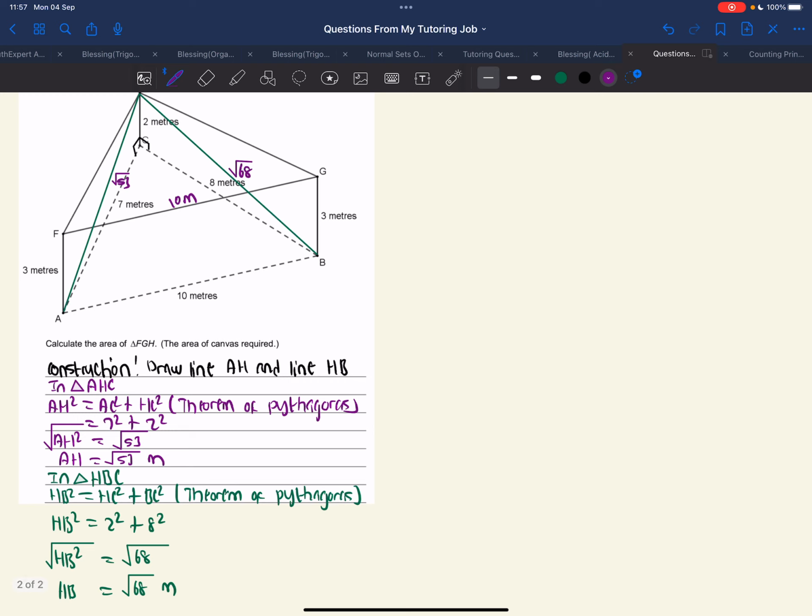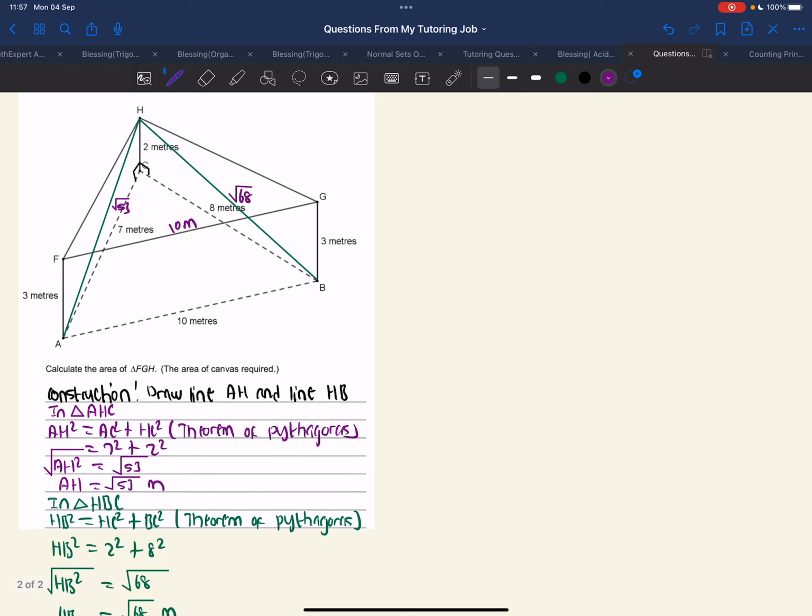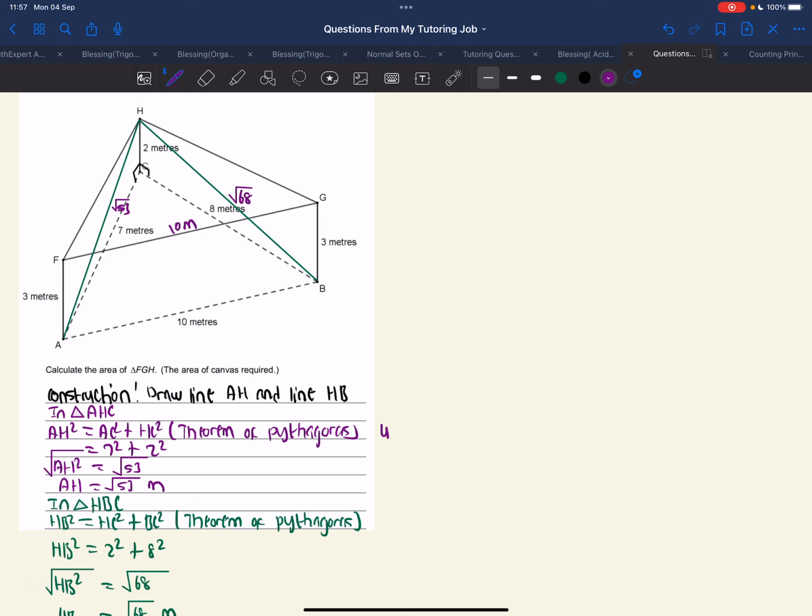So for the purple one, angle GBH is equal to angle BHC, because of alternate angles. You can see that those lines are parallel to each other.